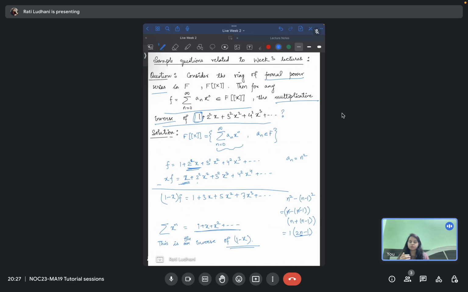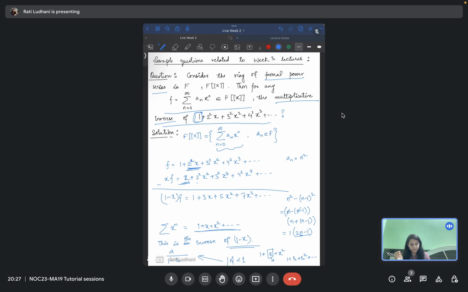Okay, when you have seen this, like 1 plus r square, in the geometric progression, you have a by 1 minus r, where you used to say that r is less than 1.